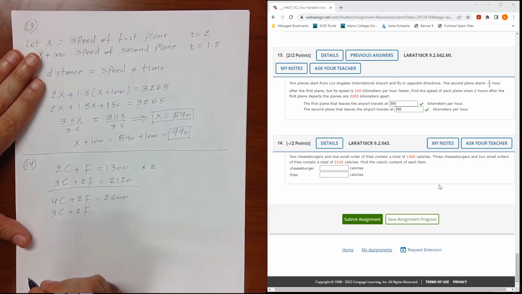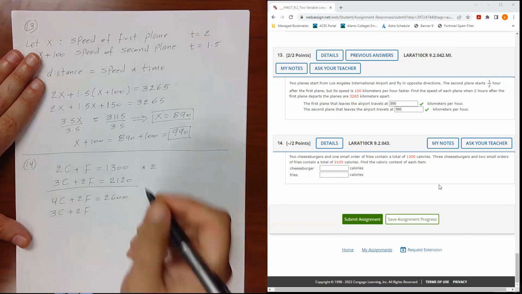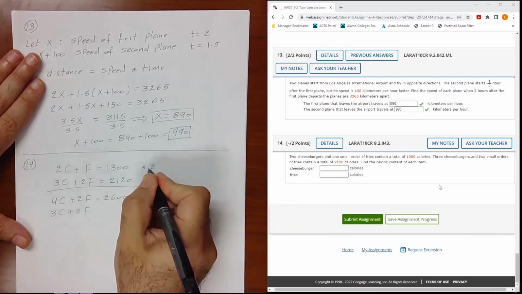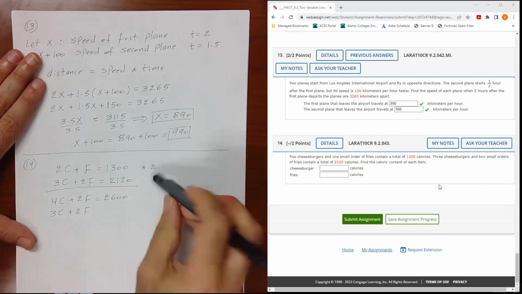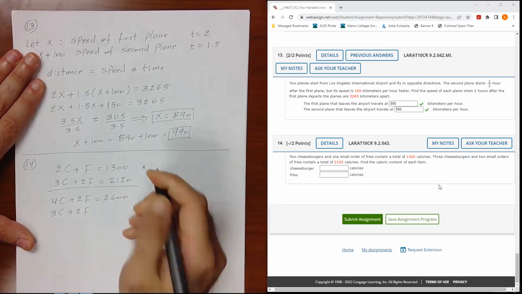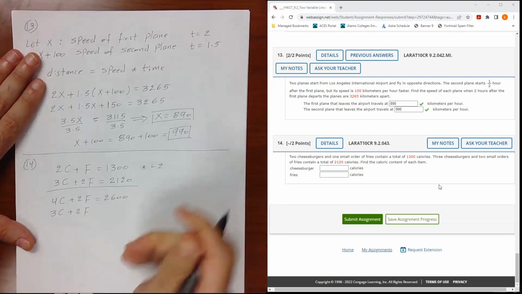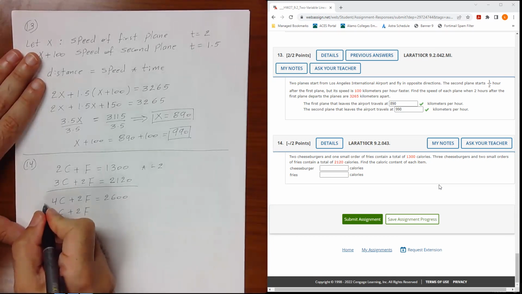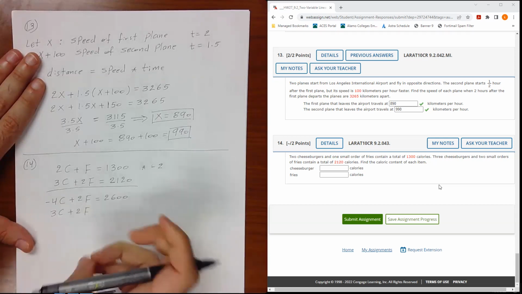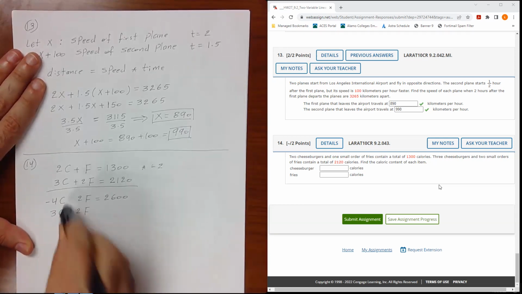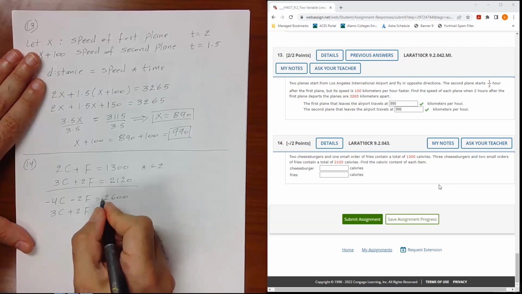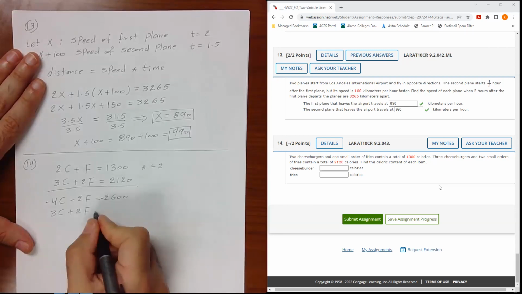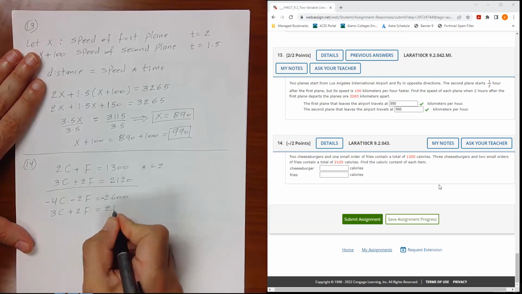In fact, let's multiply it by negative 2, because I need to change the sign. So it's going to be negative 4, and here negative 2, and negative 2,600. And this one, 2,120.